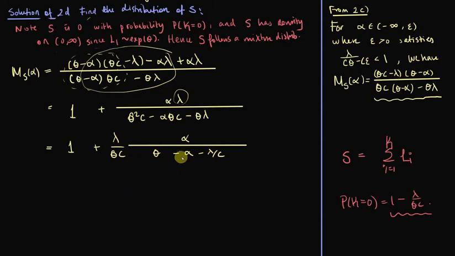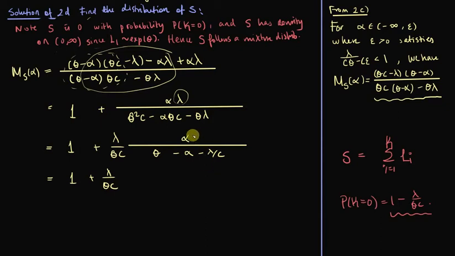Now, can I do something with this? Well, yes, I can, because what I have is 1 plus lambda divided by theta c, and here I have alpha divided by theta minus alpha minus lambda divided by c. What can I do about that?